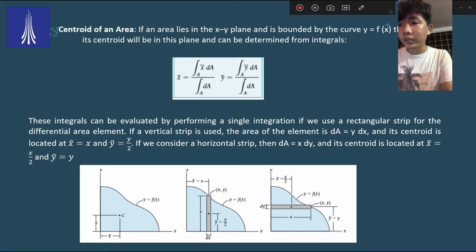And if we consider a horizontal strip, then dA is equal to x dy, and its centroid is located at x tilde equal to x over 2, and y tilde equal to y.